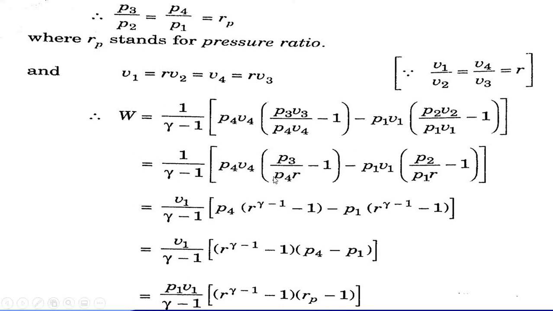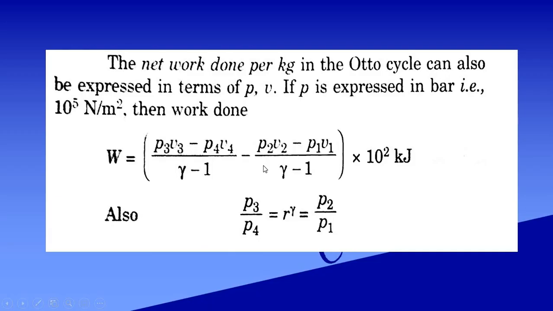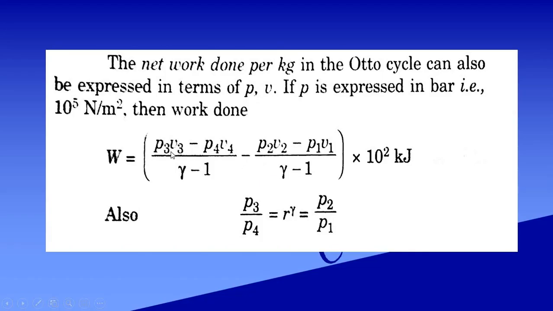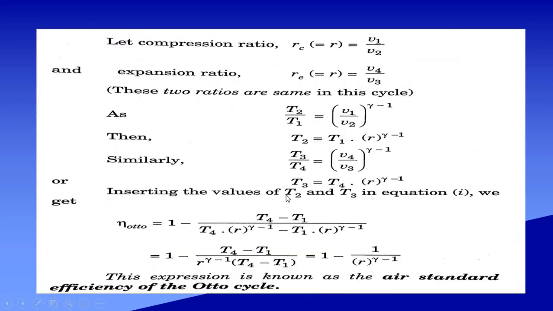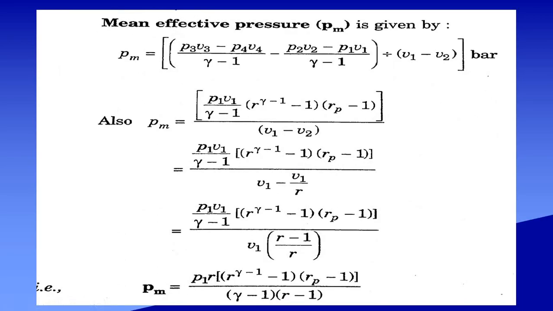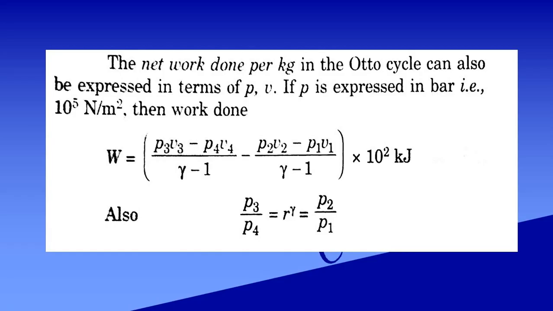So here you can see that P3 V3 minus P4 V4 by gamma minus 1 minus P2 V2 minus P1 V1. You can take this gamma minus 1 out, so 1 by gamma minus 1, and the remaining is P3 V3 minus P4 V4 minus P2 V2 minus P1 V1. You can change this: take P4 V4 out in this term and P1 V1 out in this term.